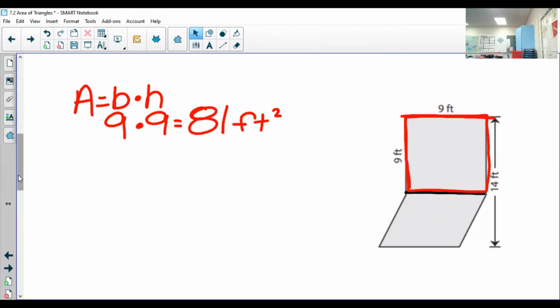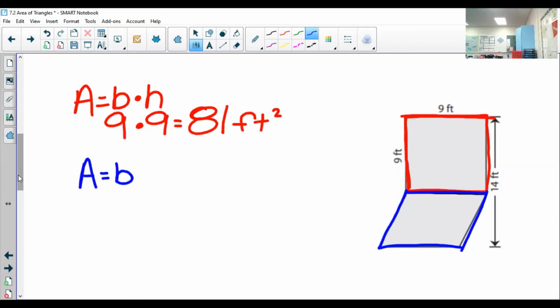Down here now, we have a parallelogram, right? For a parallelogram, same thing, area equals base times height. So the base of my parallelogram is this distance right here, but it doesn't have a number.